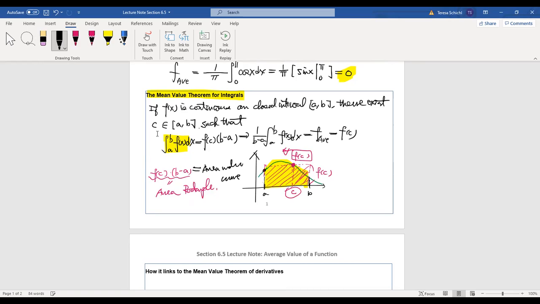That's what we call the mean value theorem of the integrals.